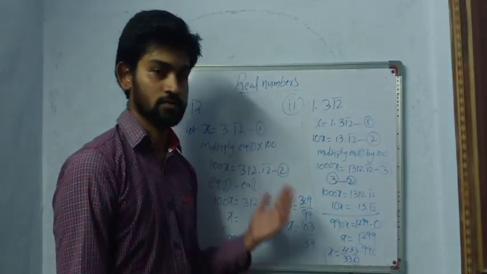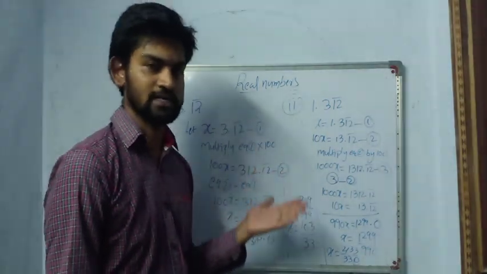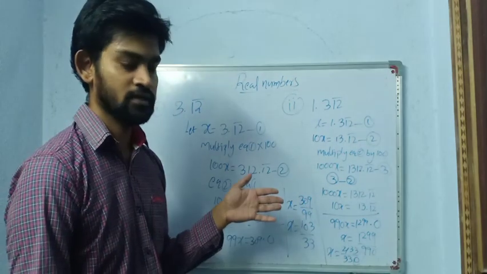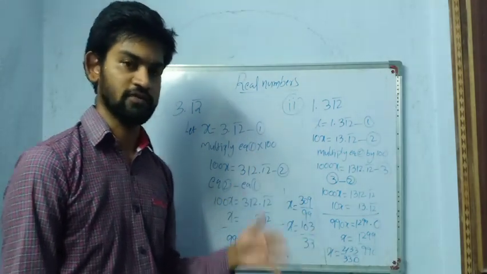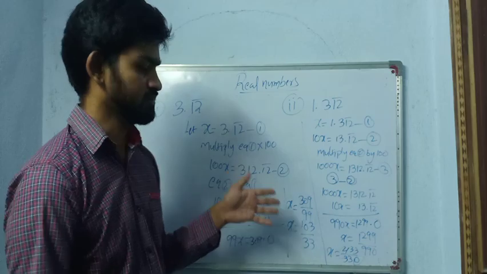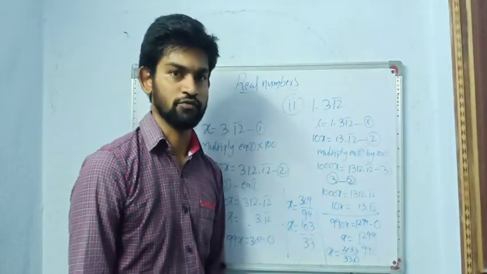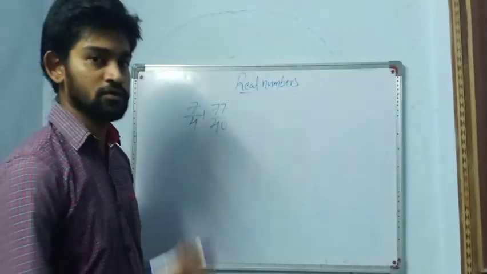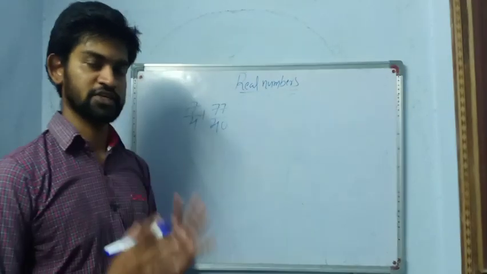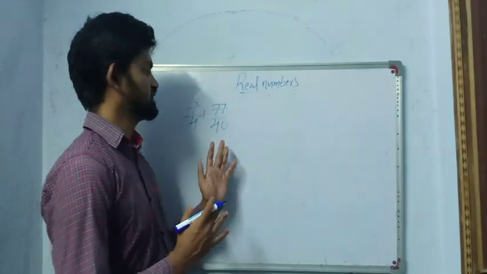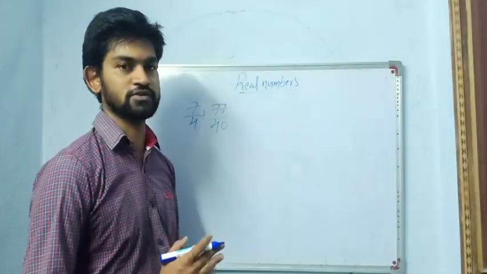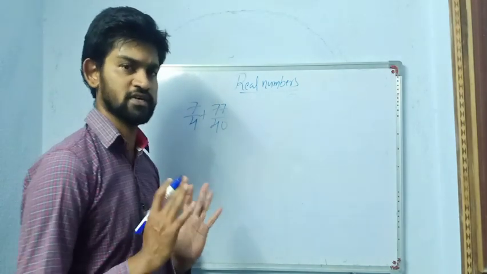Okay. Now one more small case is there: without doing division, how to change given numbers into p by q form. The question is given: without doing actual division, convert this into p by q form. It is very simple.